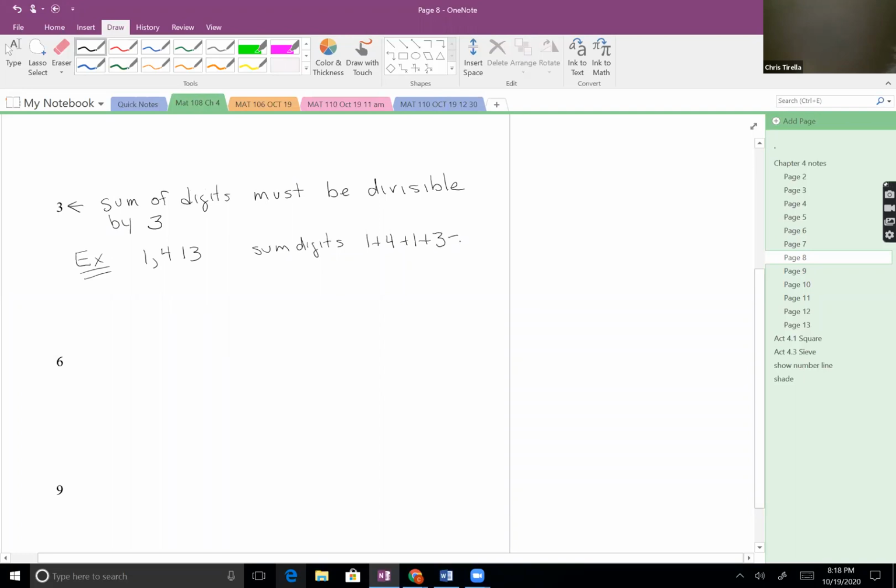And let's see, what does that add to? 5, 6, 7, 8, 9. And since 9 is divisible by 3, we know that 1,413 is divisible by 3.